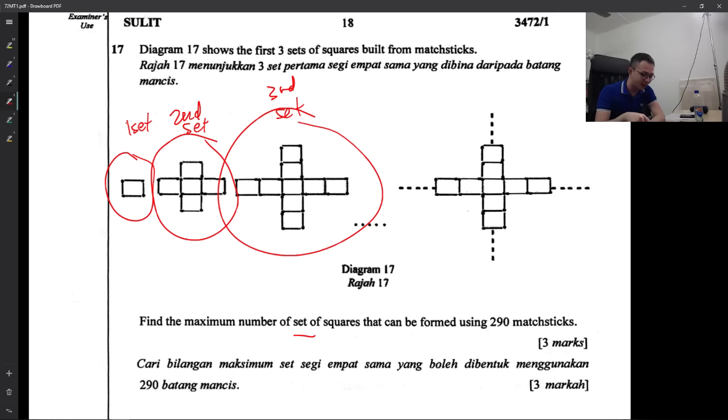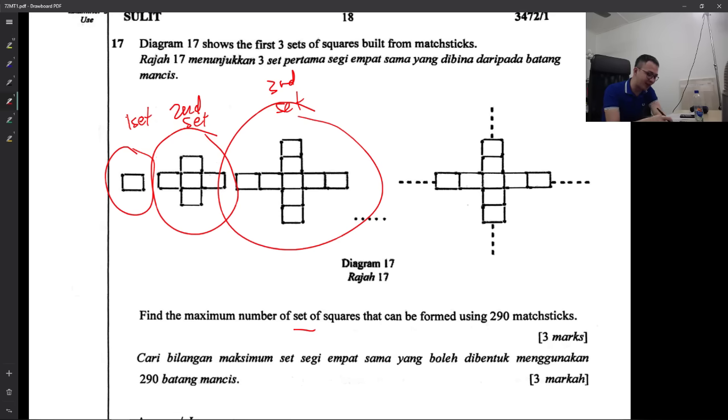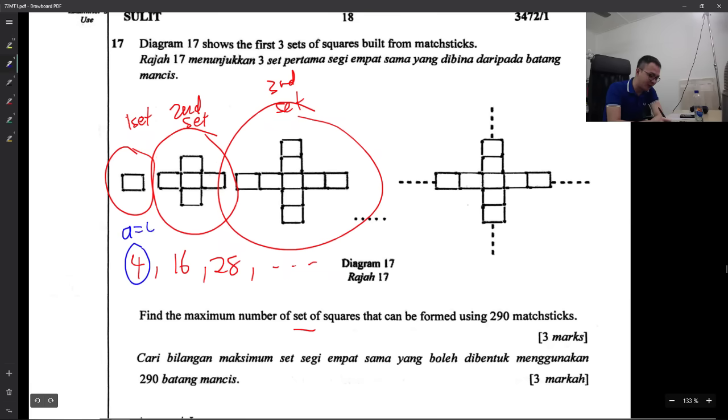290 matchsticks. So I calculate how many matchsticks I use: the first set is 4, the second one is 16, the third one should be 28, and so on. Obviously from here we know our a is 4 and our d should be 12.